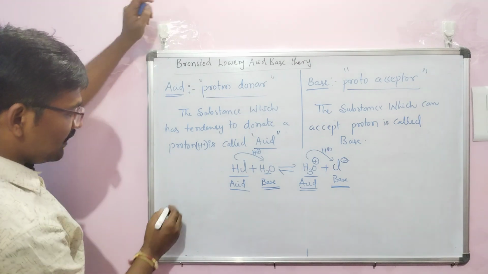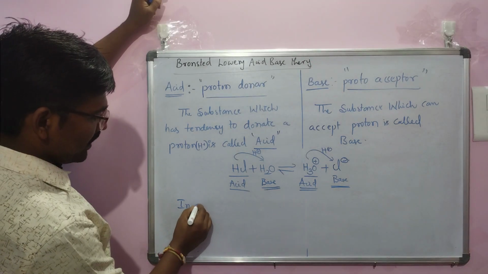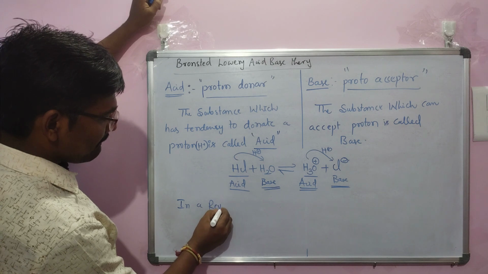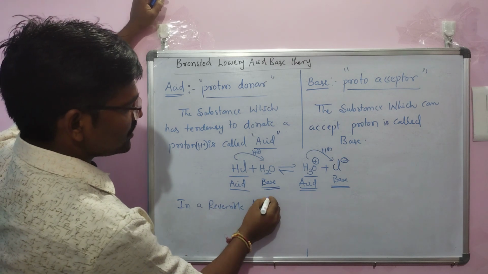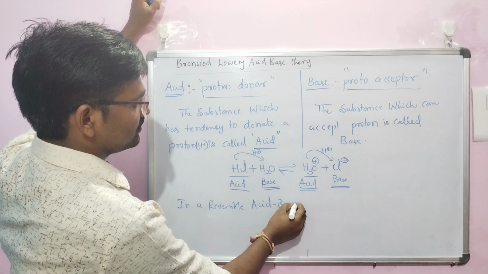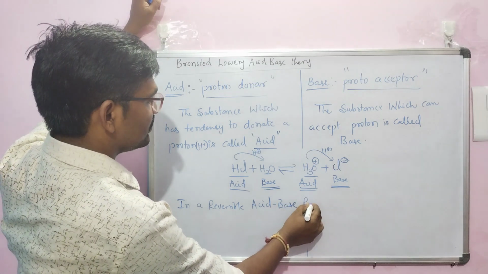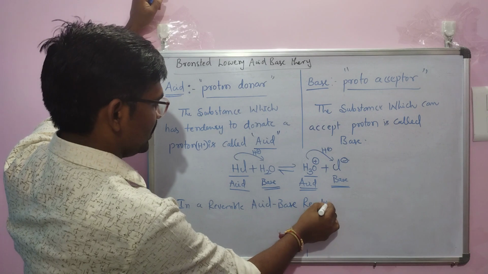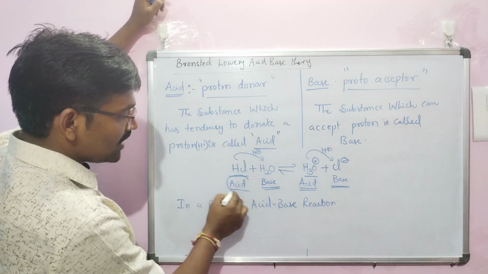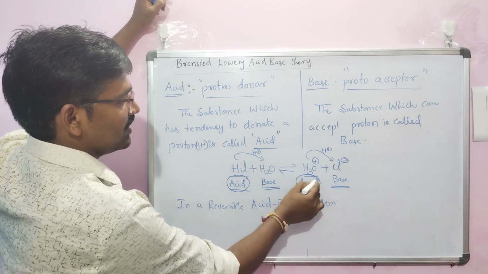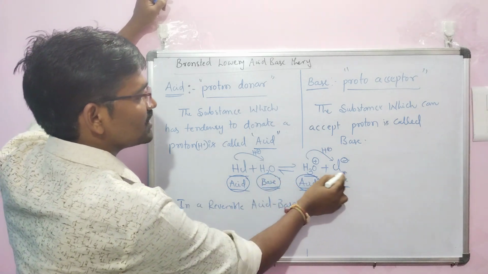In a reversible acid base reaction, two acids and two bases are present.